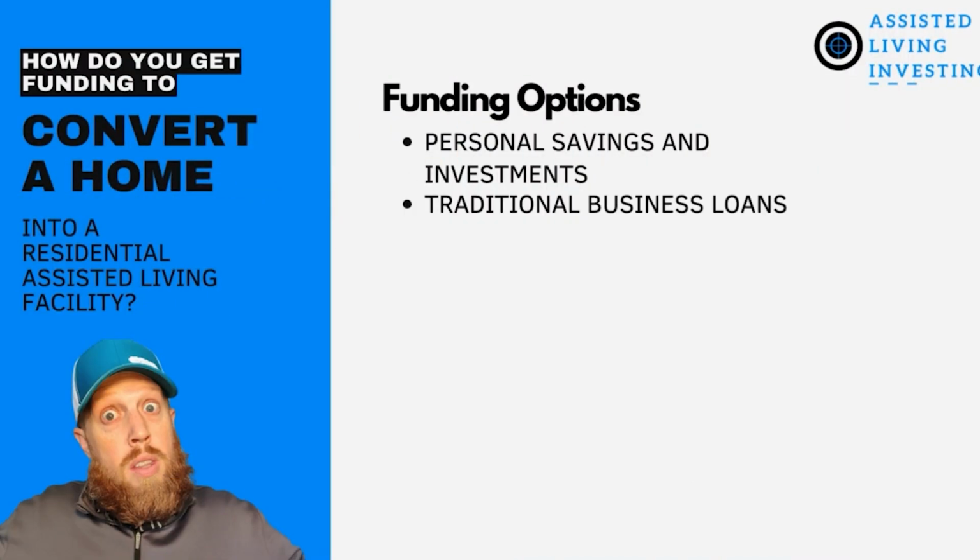Next is traditional business loans. I talk a lot about SBA, and kind of walking through that process. SBA is what I would call a traditional business loan. It's going to help you get access to those funds that you need to operate the facility. The cool thing with the SBA is there are a few different options. The 7A is probably one of the best ones for you to be looking at, though. With an SBA 7A loan, you can do this two ways.